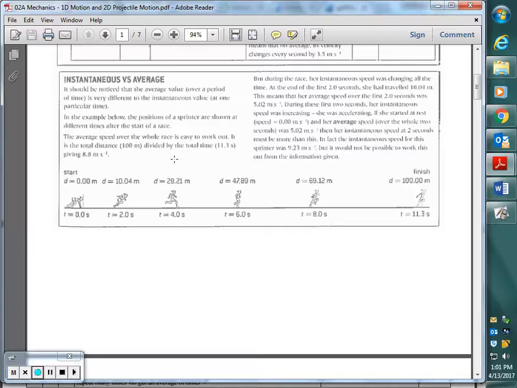Exactly. Which is when we get into our kinematic equations, then we can say, okay, that's the instantaneous velocity. Kinematic equations are functions. We use a bunch of different letters in it, but they're functions of time basically.